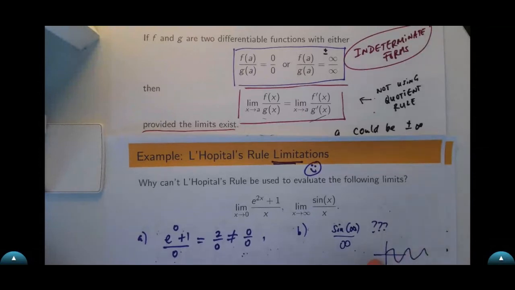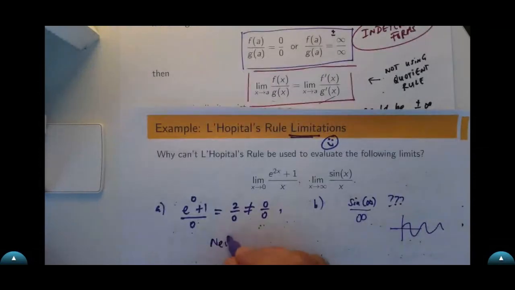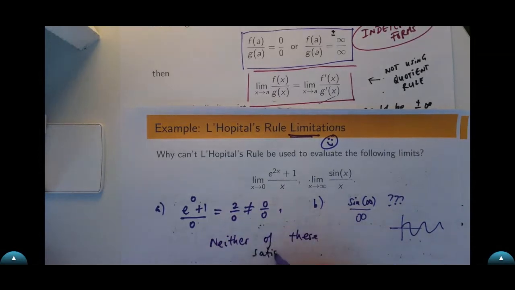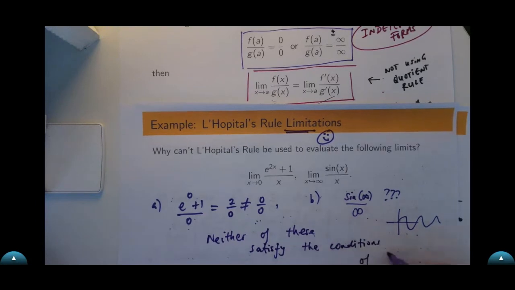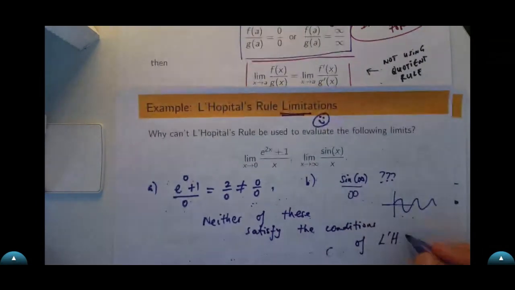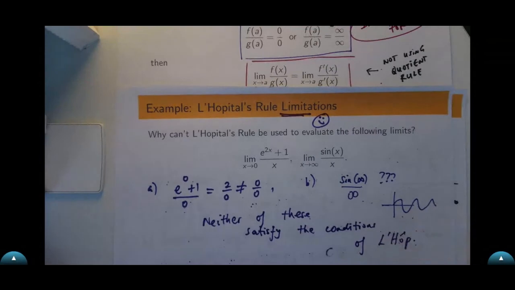Okay, so the thing is neither of these satisfy the conditions of L'Hopital's rule.